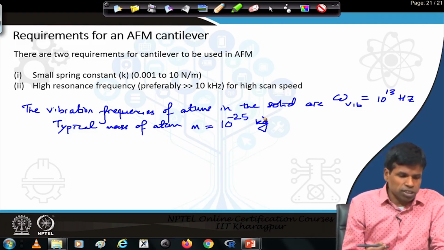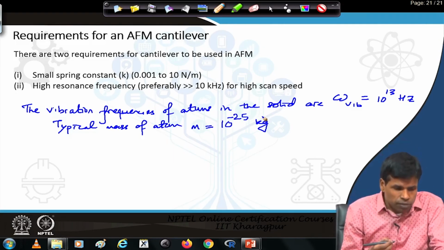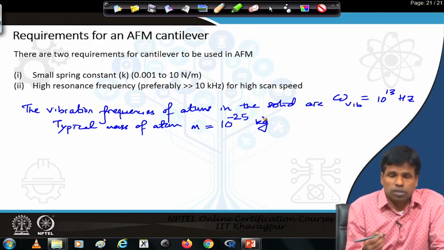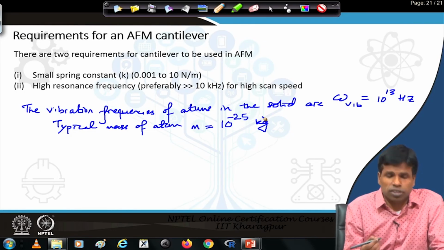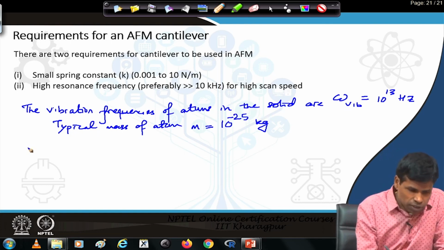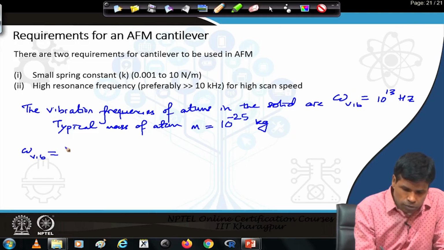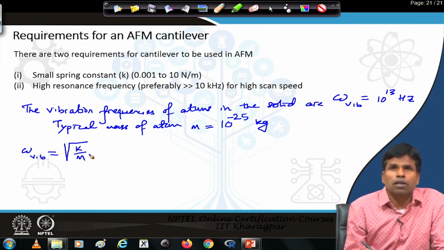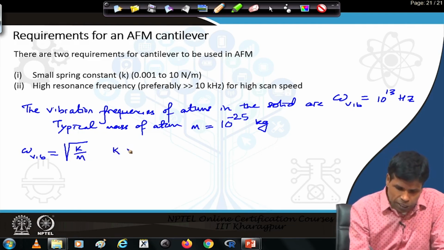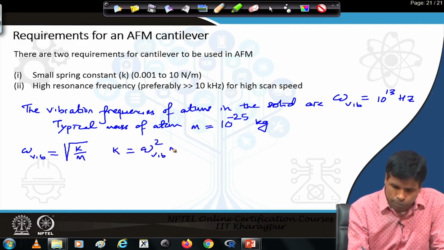And if we consider that atoms in a solid vibrate following a simple harmonic oscillator, omega vibration equals the square root of k by m, or k is equal to omega vibration squared times m.